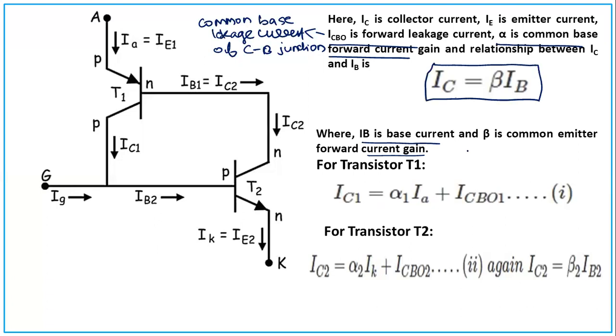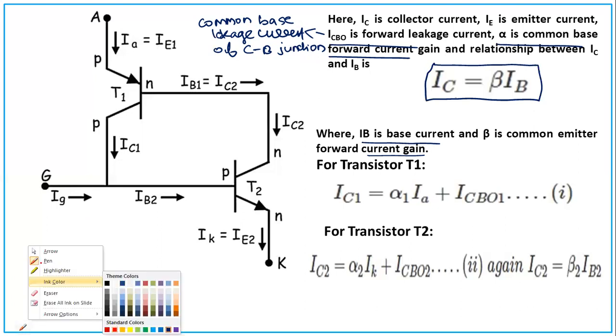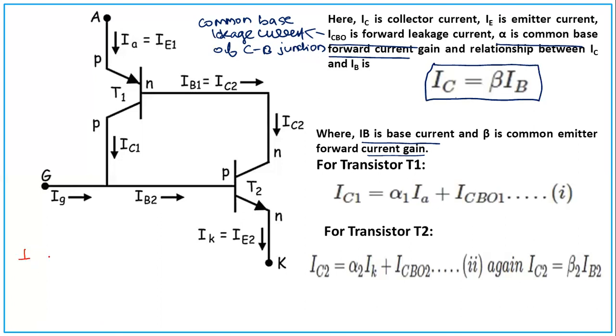We know one equation, which you studied last year in analog electronics: the collector current IC is equal to alpha IE plus ICBO, where ICBO is the common base leakage current of the collector base junction, IC is the collector current, IE is the emitter current, and alpha is the common base forward current gain.